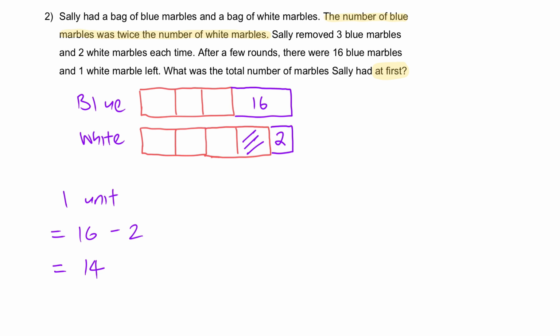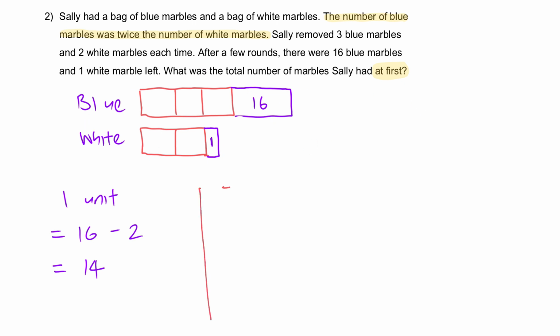Once we have figured it out, let's erase. Again, the model's drawing is dynamic. Erase the additional information and go back to the original model. This is the model at first. And we know that every single box is 14, 14, 14, 14, 14. Now we can solve it. What was the total number of marbles Sally had at first? Well, it's everything.